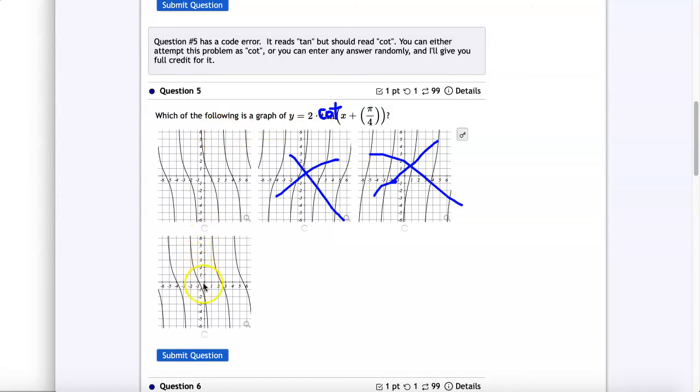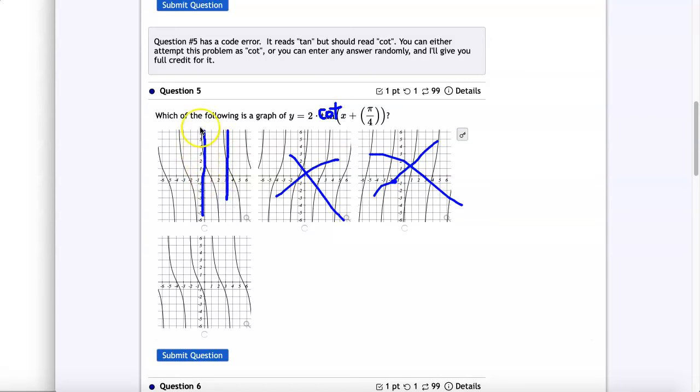We can see that both of these choices have been stretched by a factor of 2, so now we're just left to look for the shift. Cotangent usually has its asymptotes at 0 and at pi. So you can imagine the asymptotes are usually the y-axis and about at 3.14.